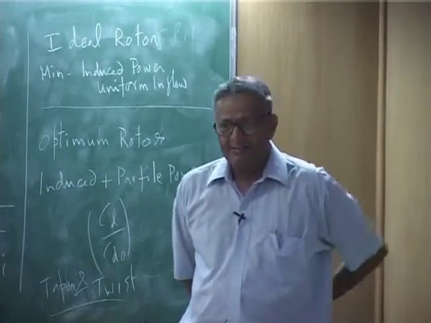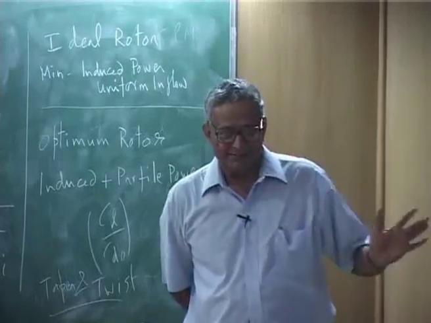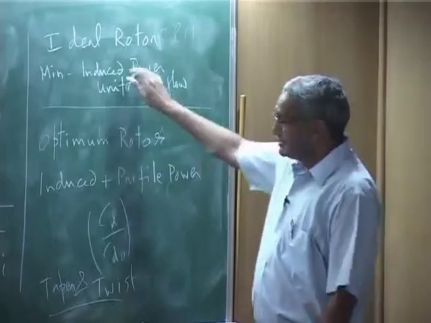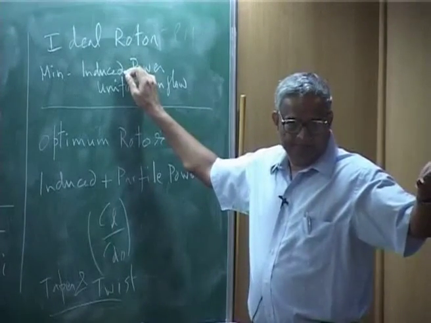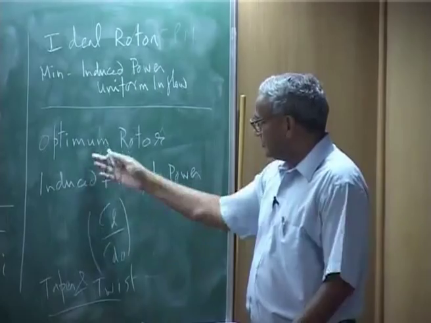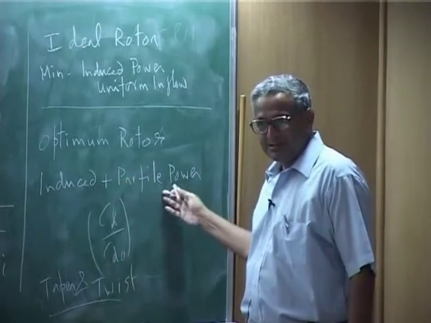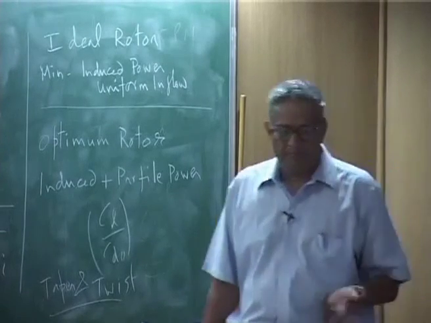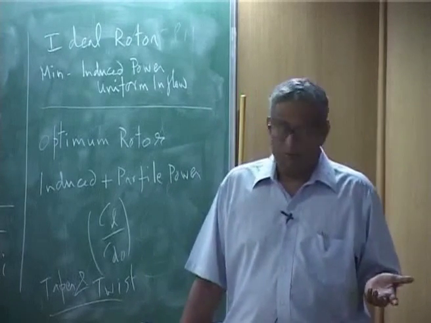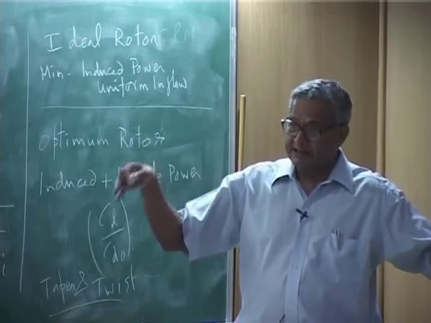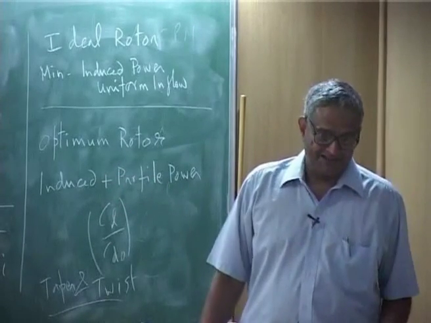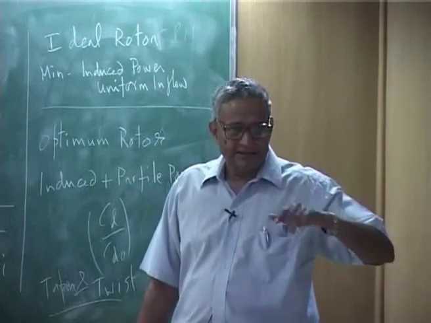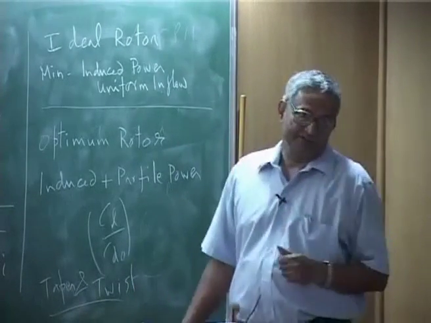This you can do as an exercise, but right now I am only telling you that this is only a theoretical part. In real life, whatever we have derived, we never bothered about Mach number effects, but you need to consider Mach number, tip losses, many things will come into picture. So when they want to go for actual design, they have to take every factor into account.